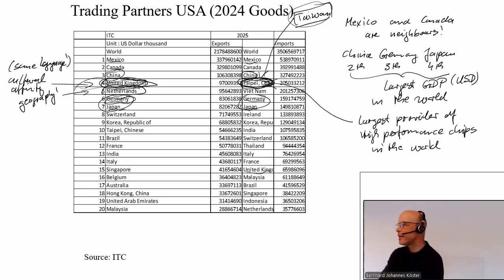They have more or less the same history, and the foundation of the United States was mainly driven by people who moved from the UK and Ireland. So they have mainly the same cultural background, and of course, if you are speaking the same language, we could think that it is easier to trade with each other.